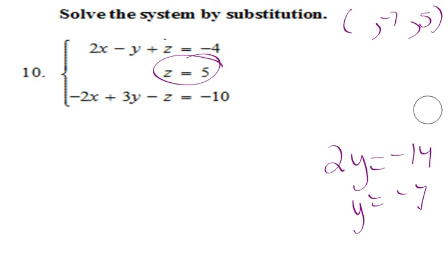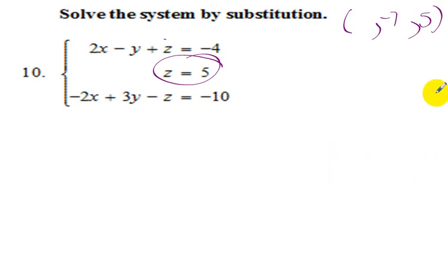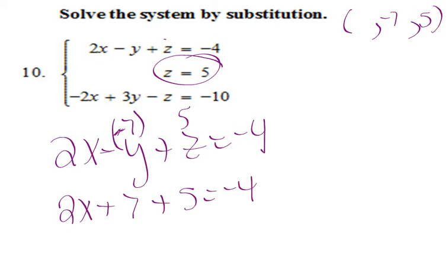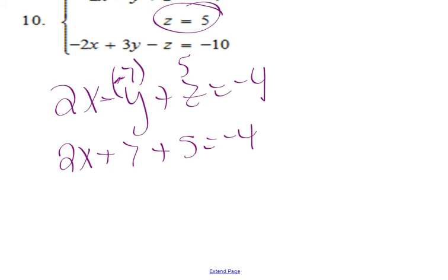So let's do that. I'm going to choose our first equation, 2x minus y plus z equals negative 4. And I know that my y is a negative 7, and my z is a 5. So let's rewrite that. 2x, so negative and negative goes to positive 7 plus 5 equals negative 4. Now, 7 plus 5 is 12.